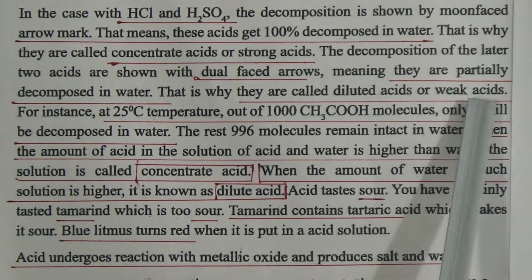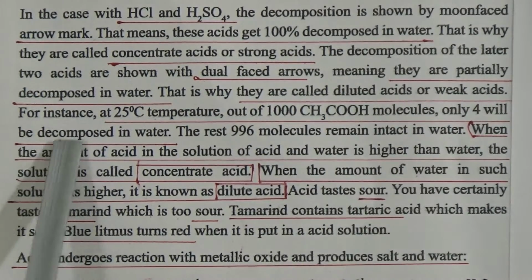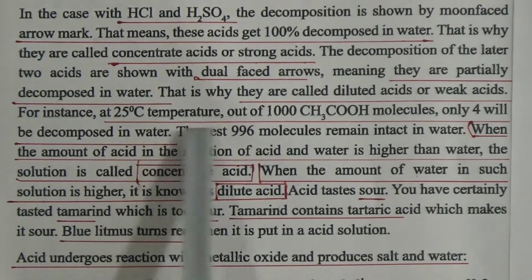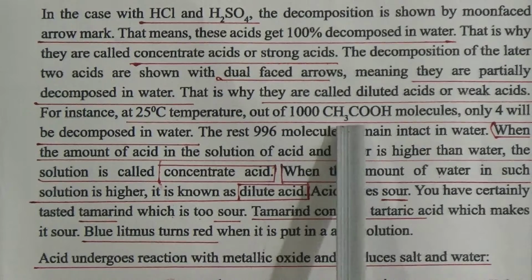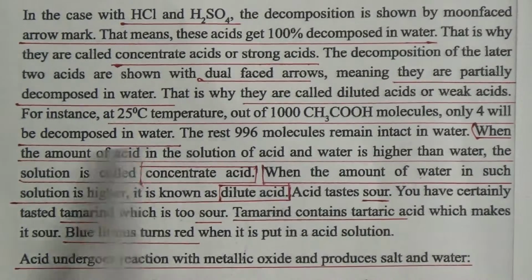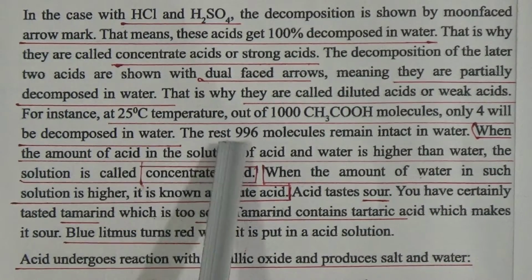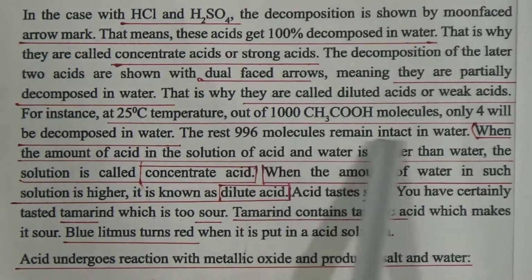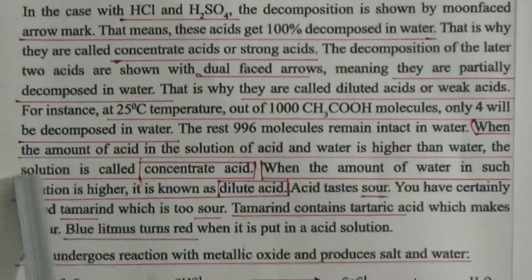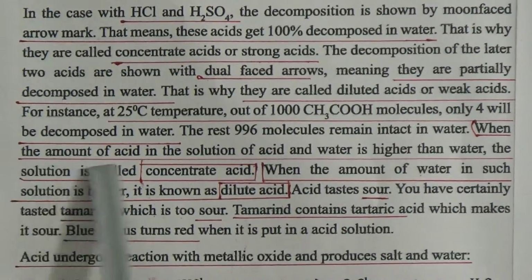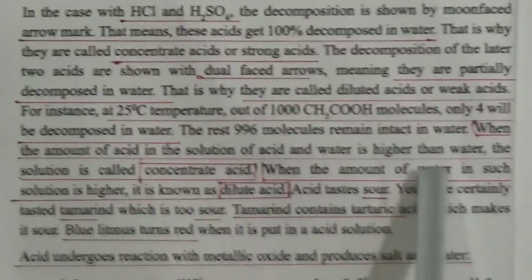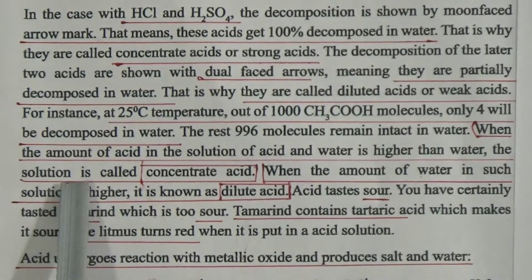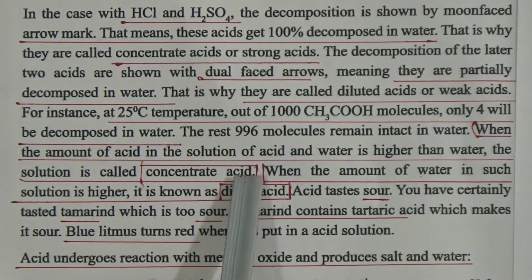For instance, at 25-degree temperature, out of 1000 acetic acid molecules, only 4 will be decomposed, and the remaining 996 molecules remain intact. When the amount of acid in the solution is higher than water, that solution is called concentrated acid.